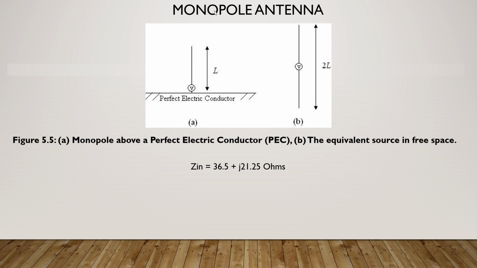The directivity of a monopole antenna is directly related to that of a dipole antenna. If a dipole antenna of length 2L has a directivity of D1 in decibels, then a monopole antenna of length L will have a directivity of D1 plus 3 in decibels.